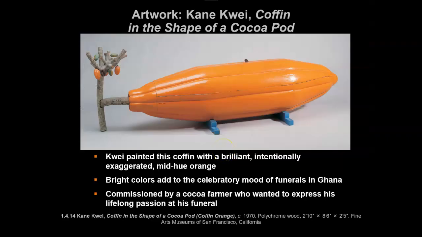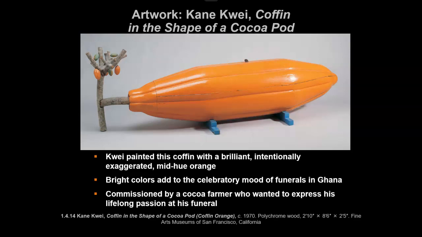So in this piece right here, this is Kwei's coffin in the shape of a cocoa pod, right? First of all, we look at it and it's painted with a brilliant, exaggerated mid-hue orange, right? So if you think about the idea of hue, it's like what we see in the spectrum, but here he's using a mid-hue, so it's not as intense, but it's very exaggerated.